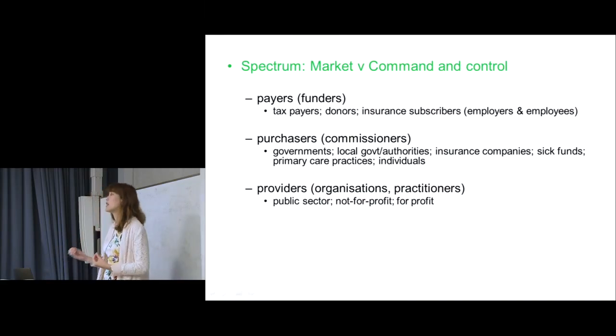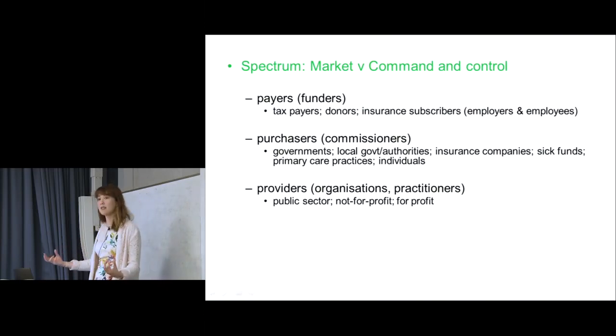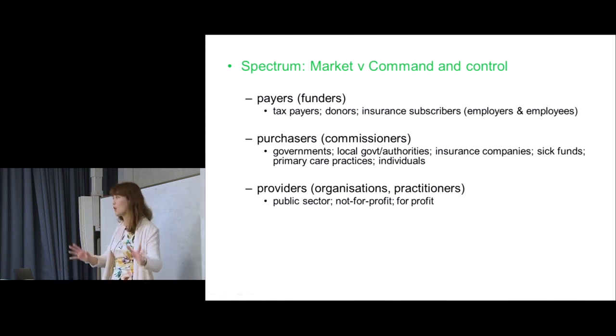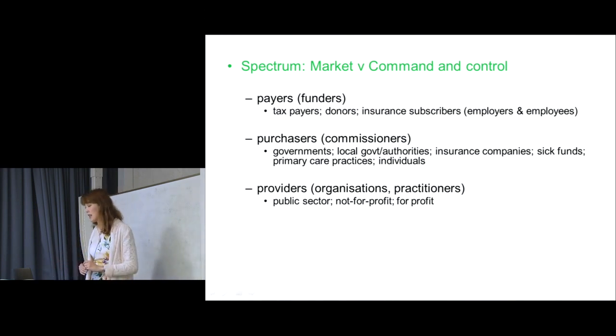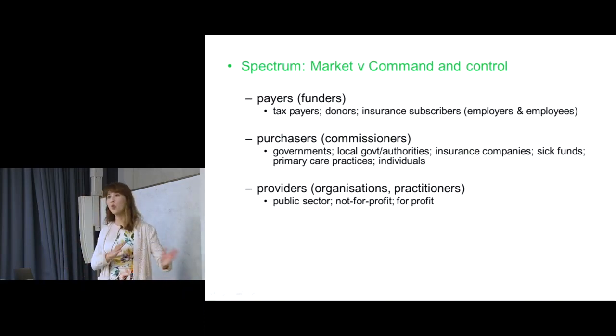Then we want to know who purchases the services. Many countries split the provision and the purchasers. Sometimes the government or local authorities buy these services. Insurance companies are very powerful; in America they decide which hospital you can go to and have this service.